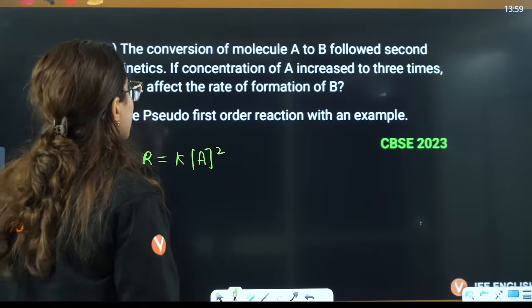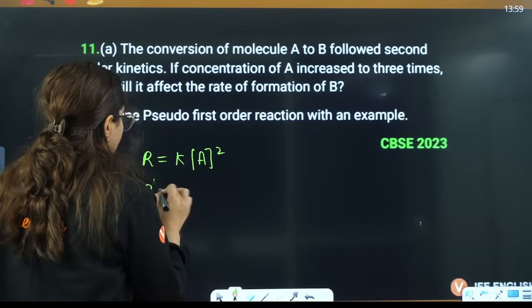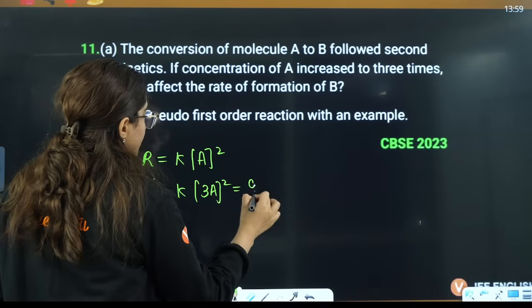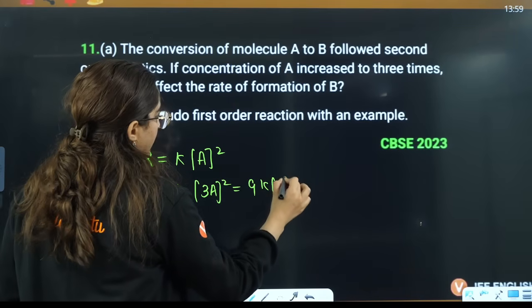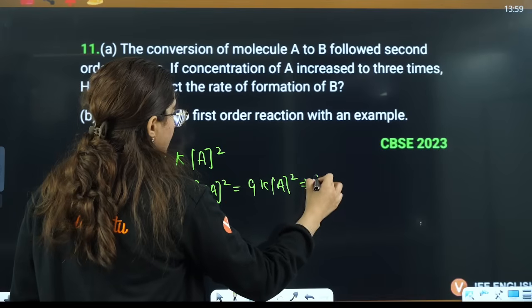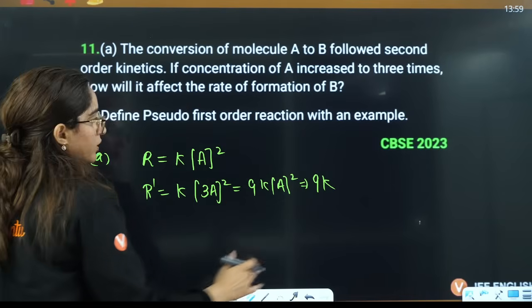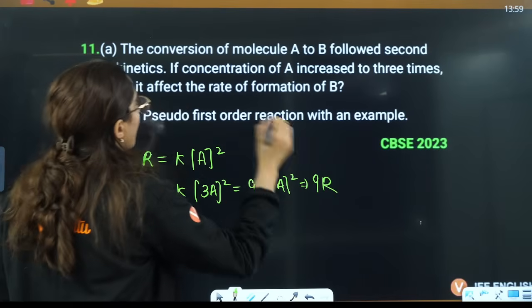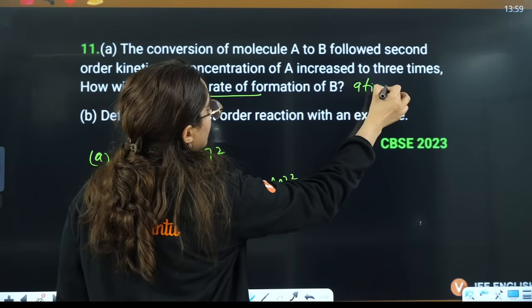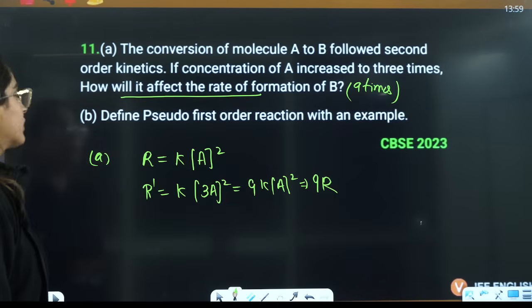If A is increased 3 times, R dash is equal to 9 Ka square, that is 9 times the old rate, that is R. So how much is it affected? 9 times. Okay, so you'll solve this and you will write it.